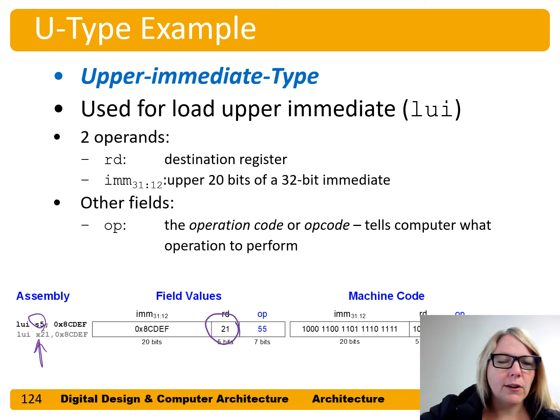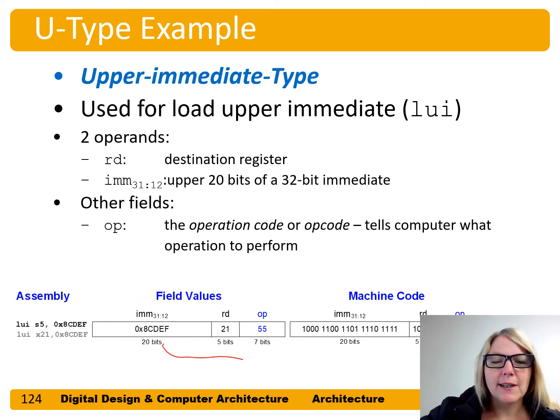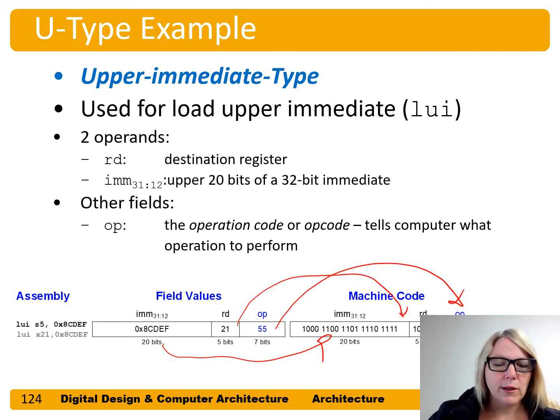And then we have our immediate, hex 8CDEF, and we put that in our 20-bit immediate field. And the opcode for load upper immediate is 55. We write all those fields in binary, and then we can gather groups of 4 and write it in hexadecimal.